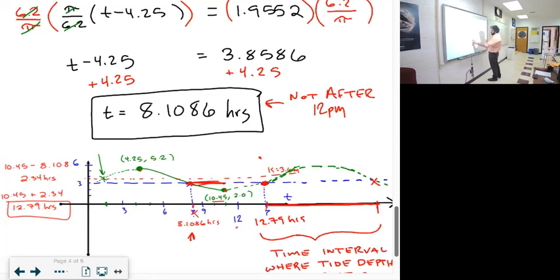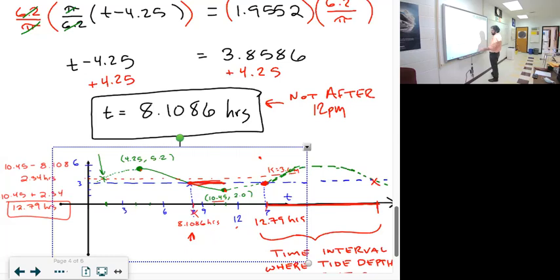So if I can find this distance right here, I can do that by subtracting 8.1086 hours from 10.45 hours, that minimum value right there.